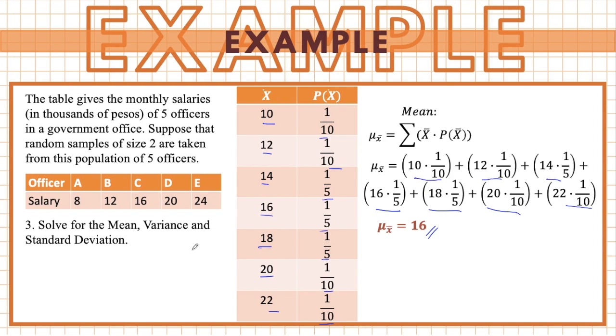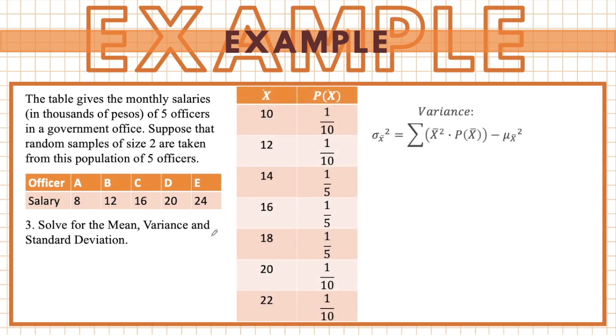Next, variance. So to solve for the variance, we get the sum of sample mean squared times probability of the sample mean, and then we subtract mean squared.